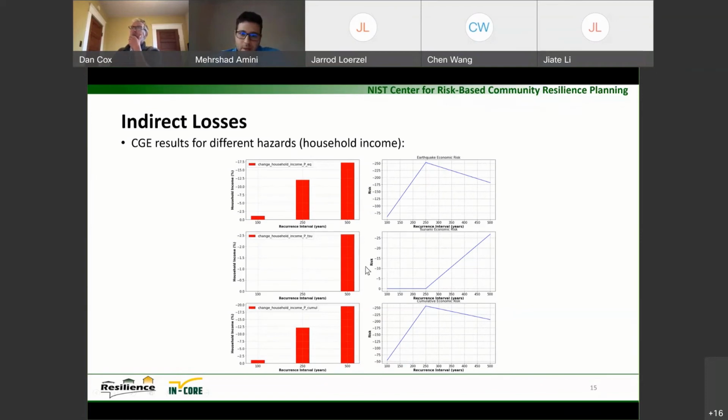For example, here for the tsunami, the value of the risk is much less compared to the earthquake and the combined, which matches the fact that we didn't have any capital shock result as input to the CGE modeling.